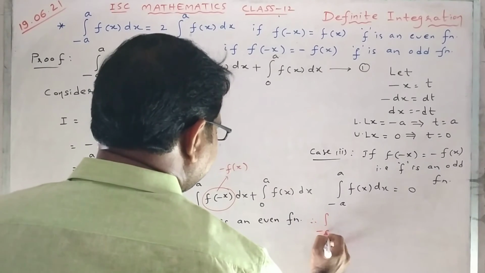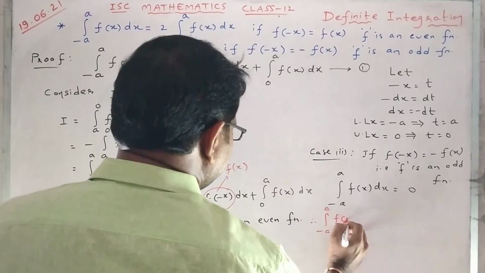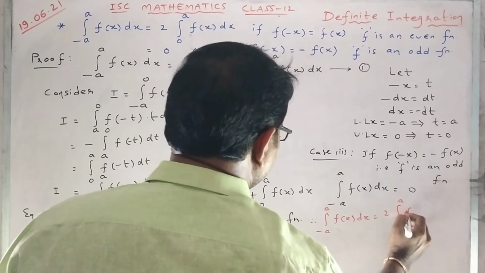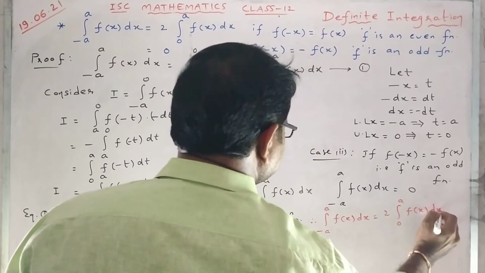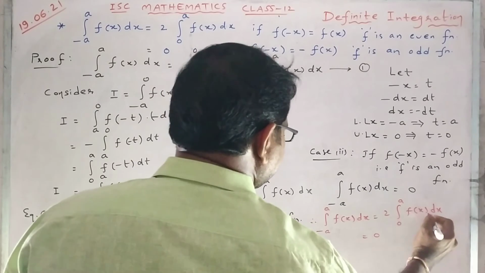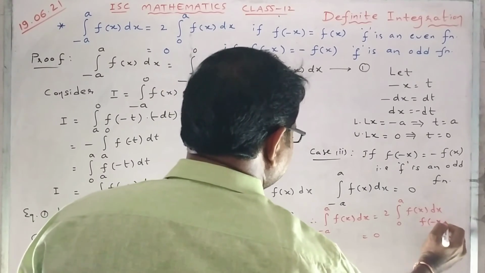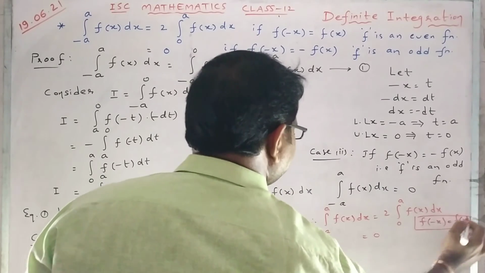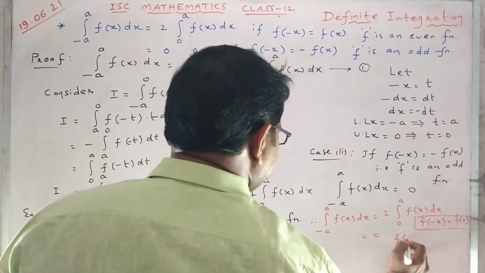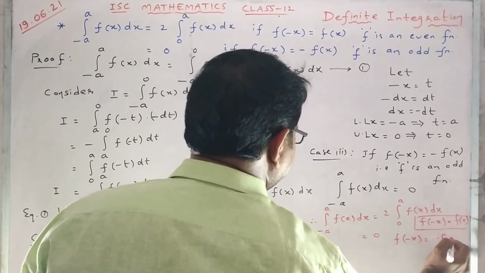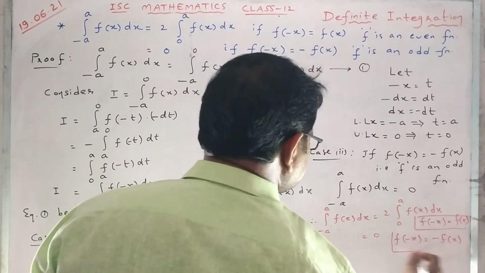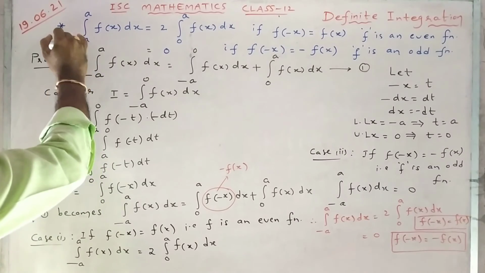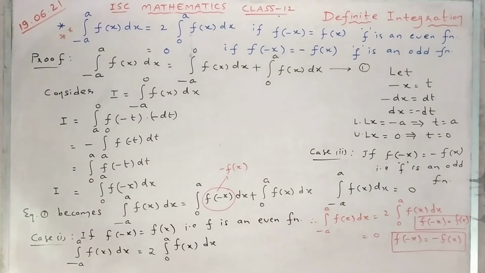Therefore, integral from minus a to a of f of x dx equal to 2 times integral from 0 to a of f of x dx, and 0. This will be when f of minus x equal to f of x, if f is an even function; and 0 when f of minus x equal to minus f of x, f is an odd function. So, very important property. Okay?